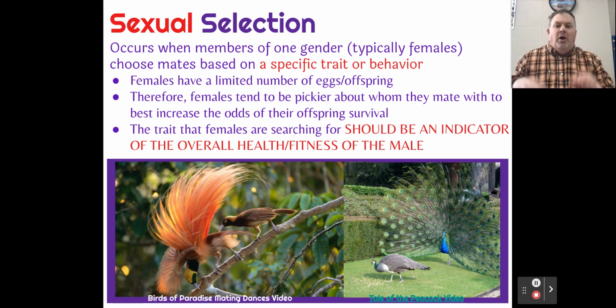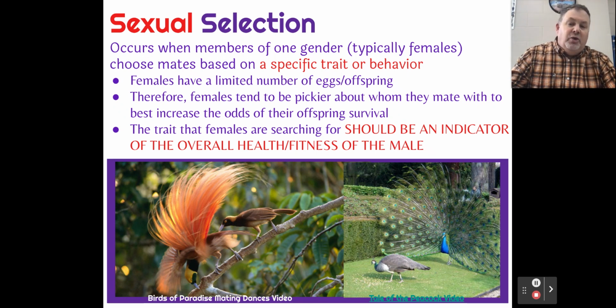And so overall, we say that the females tend to be the pickier ones who choose the mates and actually drive evolution to increase their odds of survival. In other words, they're choosing the best mate, and the traits that the females are searching for should be an indicator of the overall health and fitness of the male. And that's kind of what we're looking for.